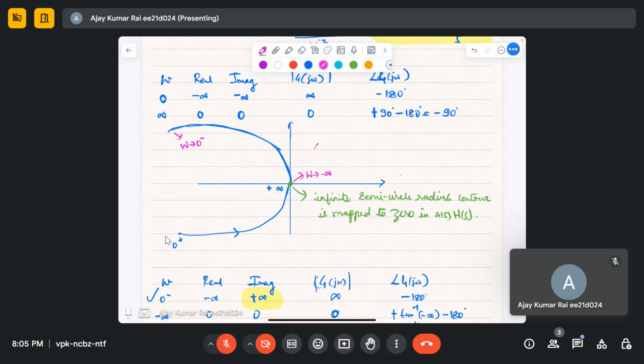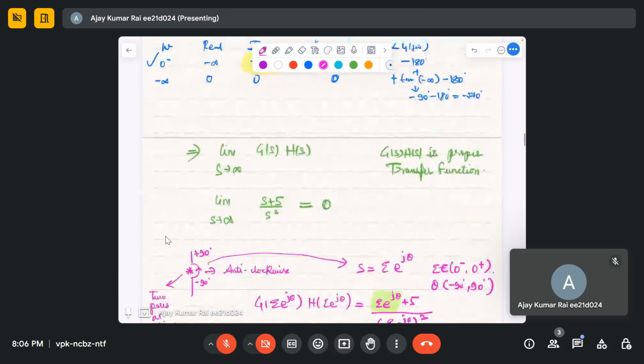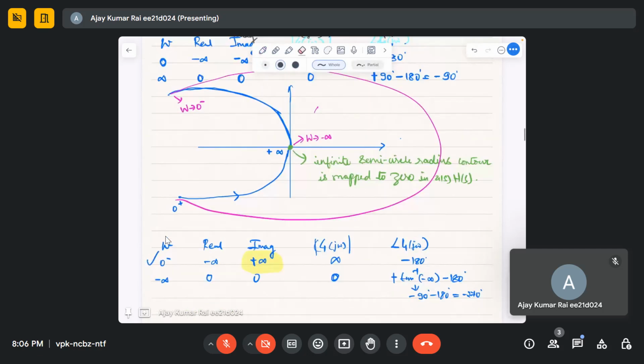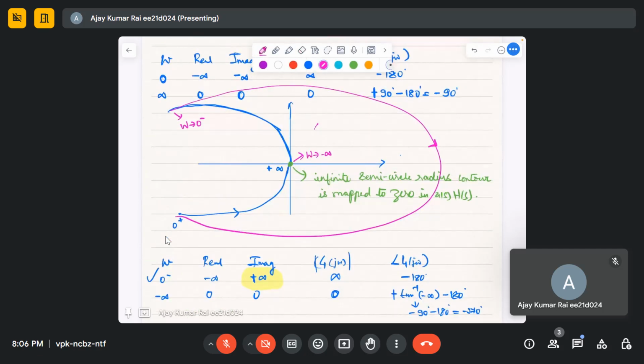It's like an infinite graph, the radius is infinite, but from 0 minus to 0 plus, from plus 180 to minus 180, and it should be in the clockwise direction. So clockwise is this. Just follow the direction like this.